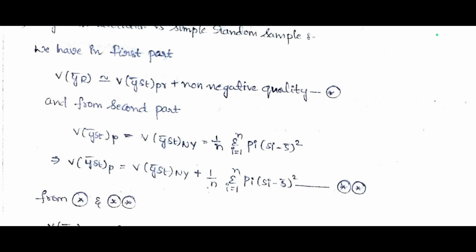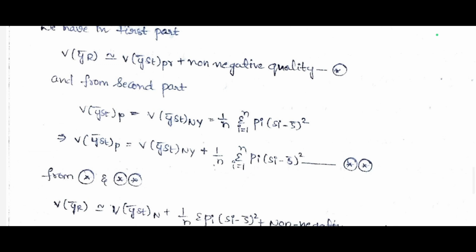From the second part, we observe that the variance of y bar of st with proportionality minus the variance of y bar of st of Neyman is 1 divided by n summation i runs from 1 to k of pi of si minus s bar whole square, which is also a positive quantity, added to the right hand side to make it equal.